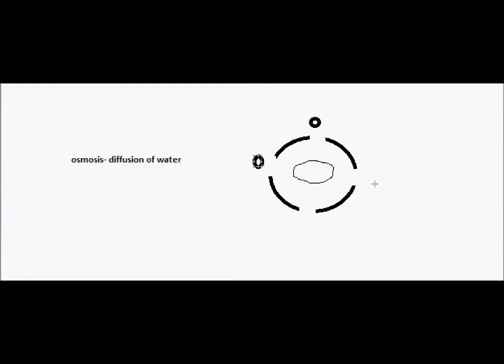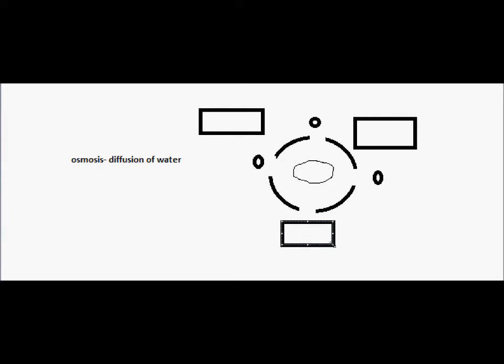These small ovals can enter because they fit through the spaces, but it does not want these squares to enter. So it makes the openings in the membrane just big enough so that the ovals can pass through, but the squares are not able to. That is the concept of a semi-permeable membrane.